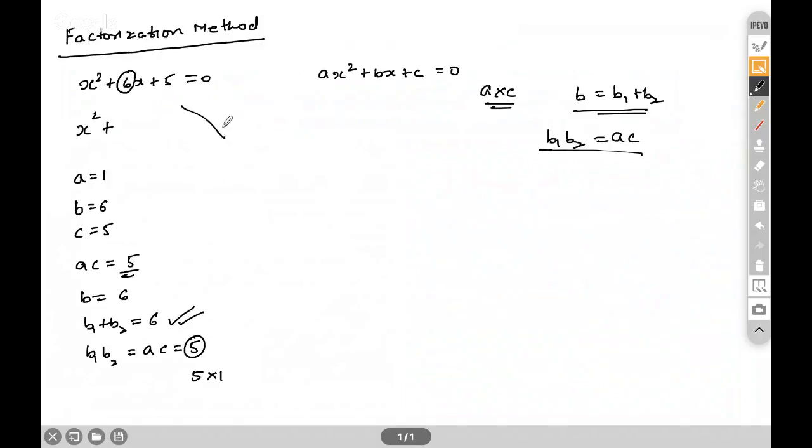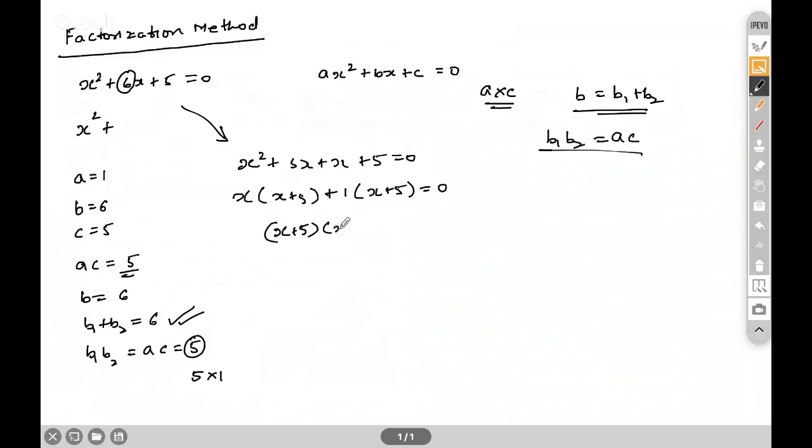So hence, from here, we can say it can be written as x squared plus 5x plus x plus 5 equals 0. So hence, x times x plus 5, take x common, plus 1 times x plus 5 equals 0. So hence, it is x plus 5 times x plus 1 equals 0.